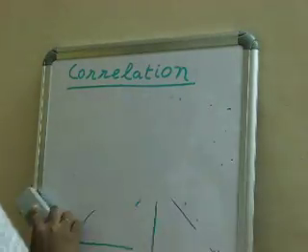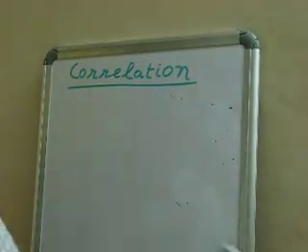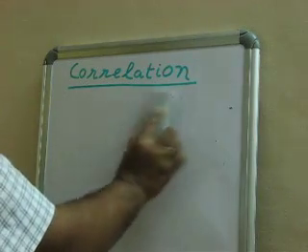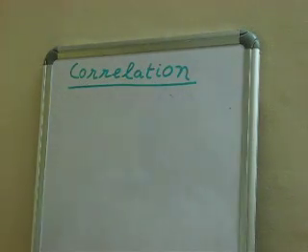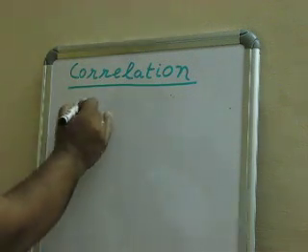Correlation is of several types. To determine the relationship between the two variables, you measure it in terms of a coefficient of correlation. The coefficient of correlation gives you the degree of relationship between the x and y variables.